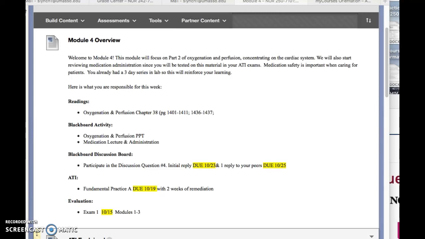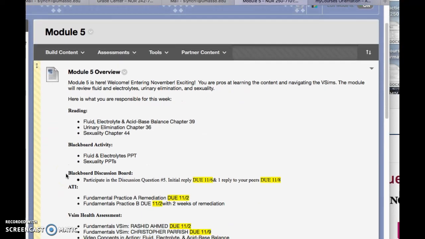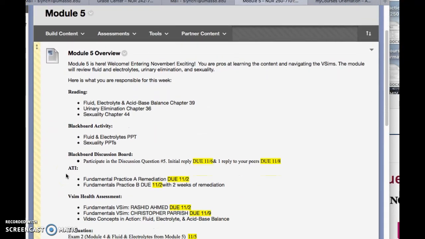The next part is on fluid, electrolyte, and acid-base balance, and urinary elimination.